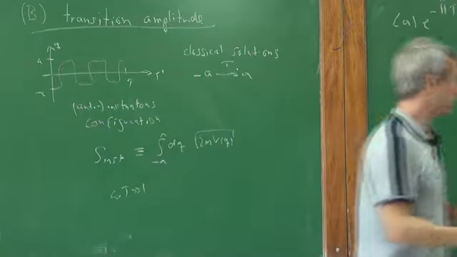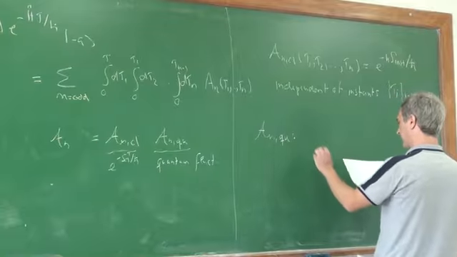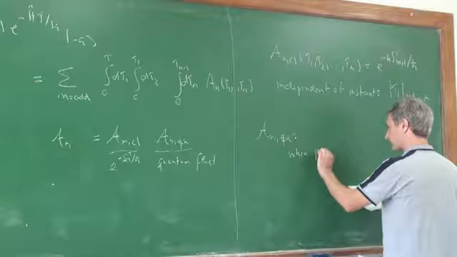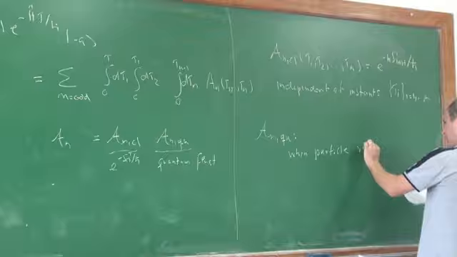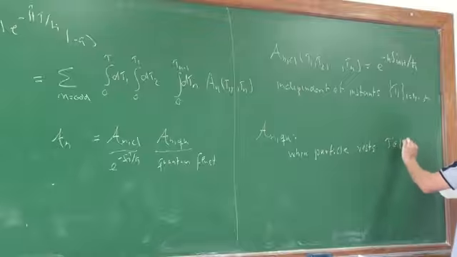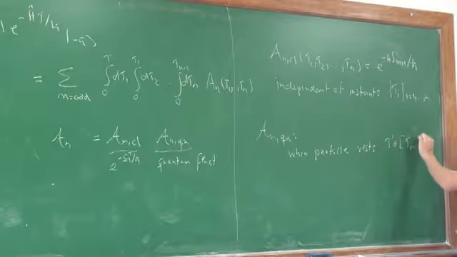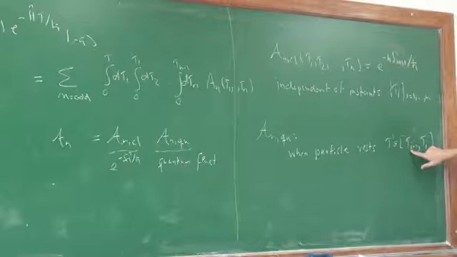Okay? So, when the particle rests, that means when the time variable is in between, let's say, two instants of tunneling, τ_{i-1} and τ_i, the tunneling point or the instant of changing configuration.